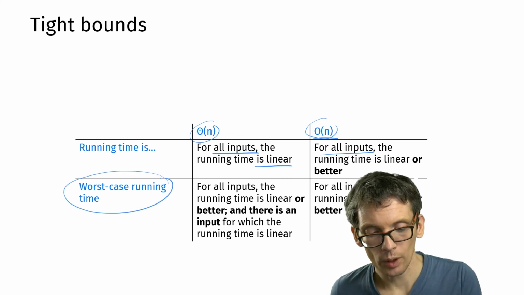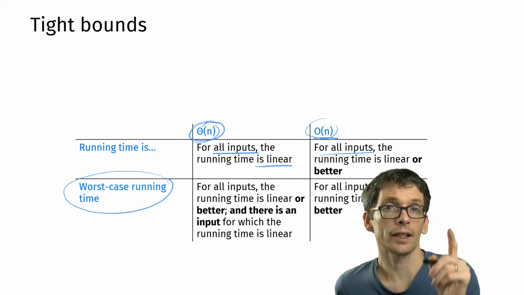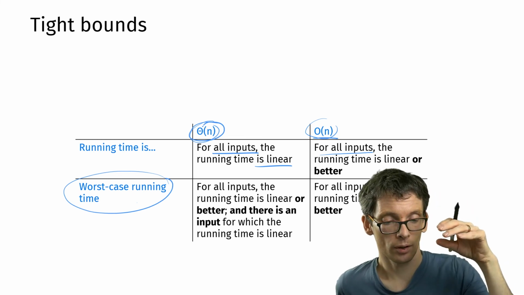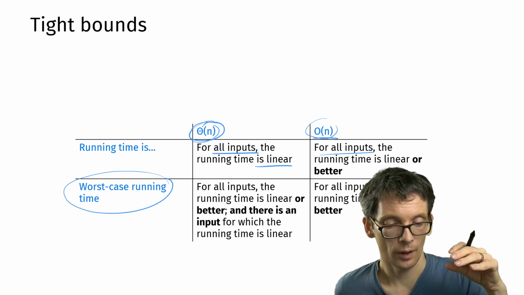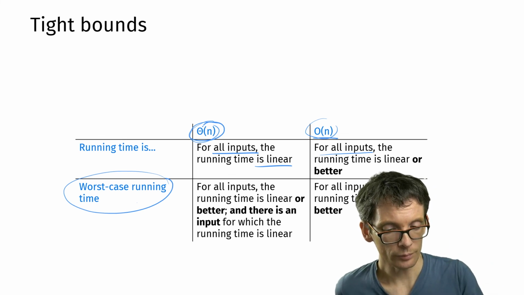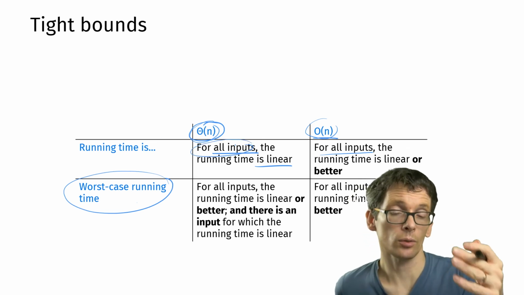If I talk about worst case running time, if I say the worst case running time is in theta of n, then I say for the worst case input, the running time is linear. The statement that for all inputs it's linear is actually a stronger statement.